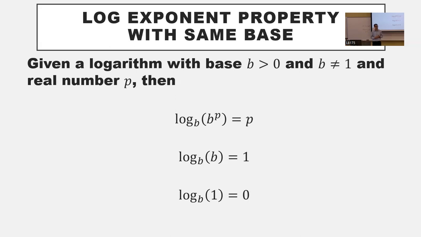That also means, if you just plug in a b, you get b to the first power, right? That's an omitted 1 exponent. Log base b of b has to be 1. And because any positive number raised to the 0 exponent has to be 1, log base b of 1 is the same thing as log base b of b to the 0th power, which is going to be 0.